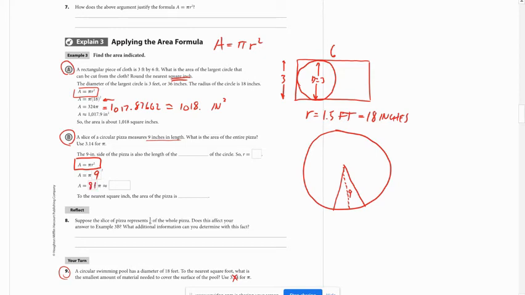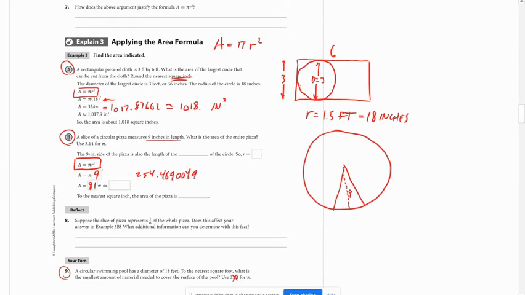Using the pi button on your calculator, 81 pi is 254.46900049.